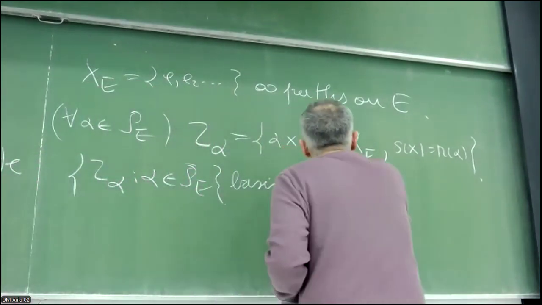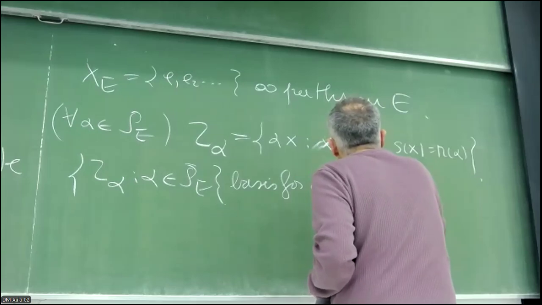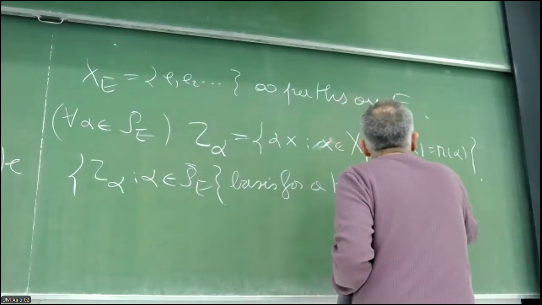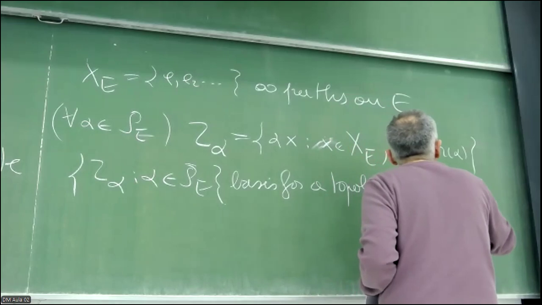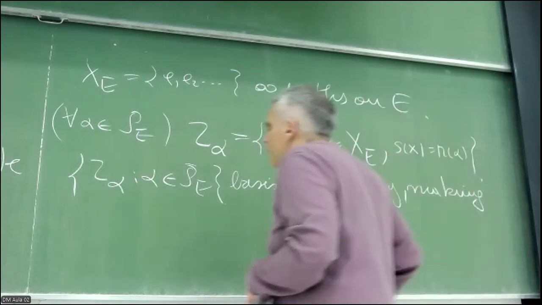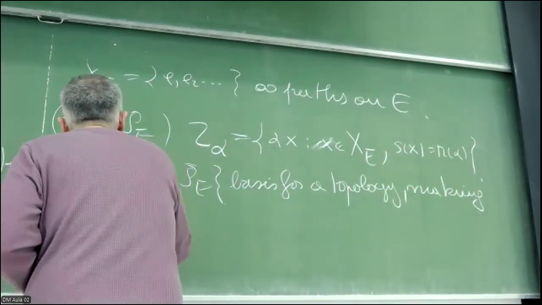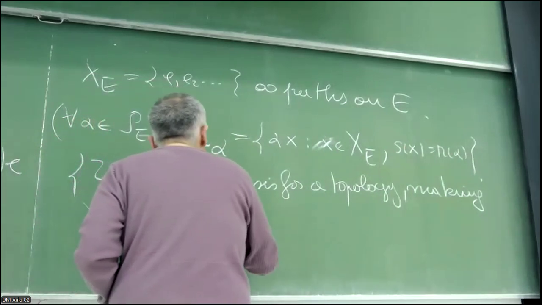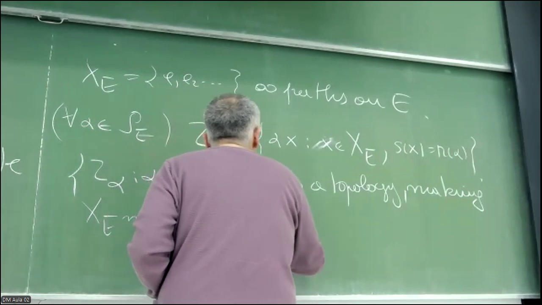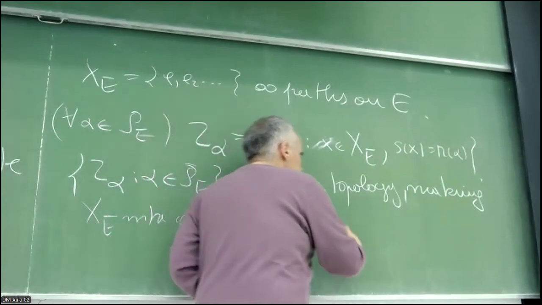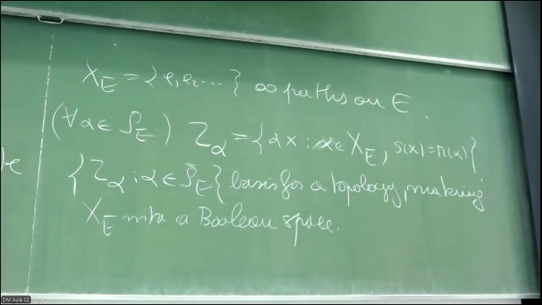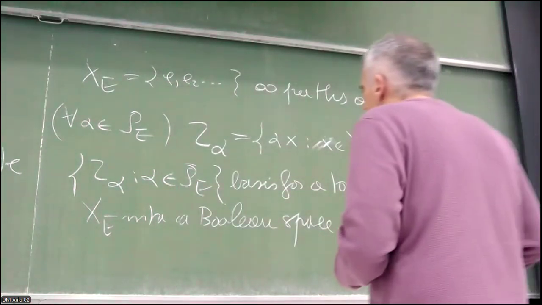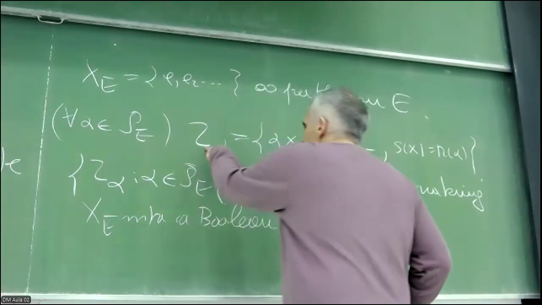for a topology making X_E into a Boolean space. So it is compact, and it has a basis of compact open subsets, which are these ones.